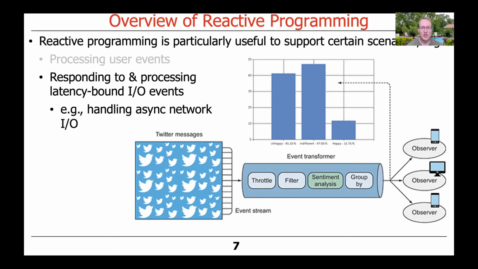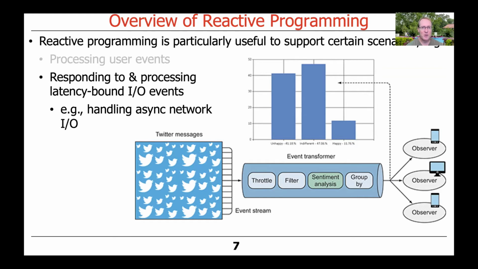For example, as shown here, events are coming in from, say, a Twitter stream, and we want to do various types of analysis on those events: filter them based on topic, do sentiment analysis to see what's trending, group things according to interests differentiated by different users who subscribe to different events, and so on. So once again, you have this concept of a flow or stream of events, and we want to do some kind of processing on that flow or stream.